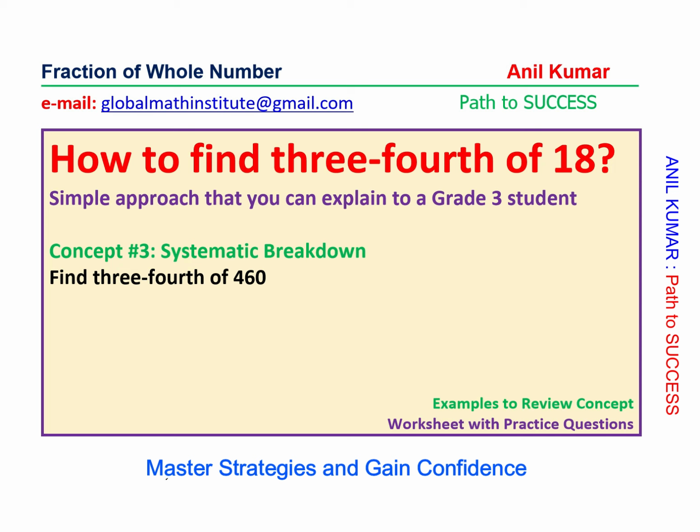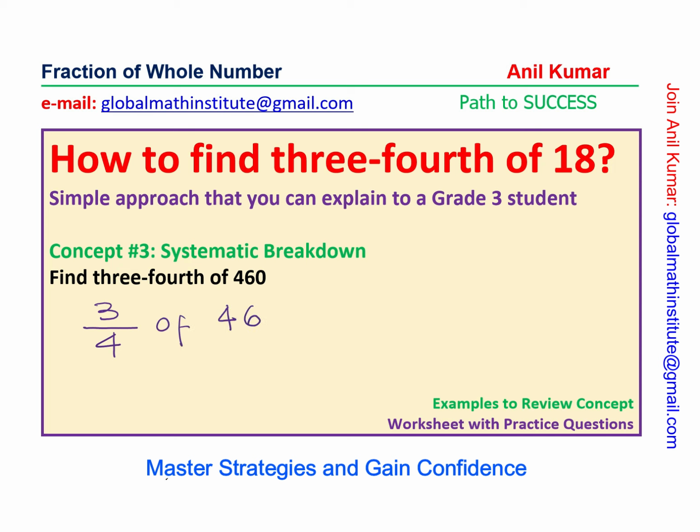The third strategy here is systematic breakdown. Now let me explain here systematic breakdown. So we are doing 3/4. So let me write down 3/4 as 3 times 1/4, right? So 3/4 of a big number, we have taken 460.